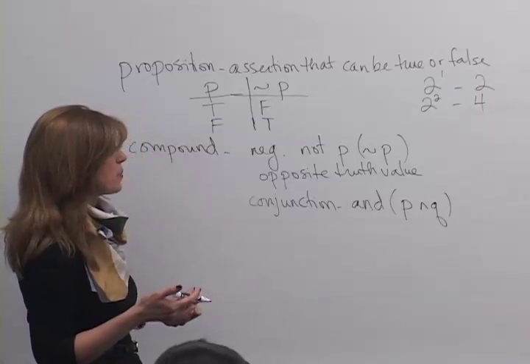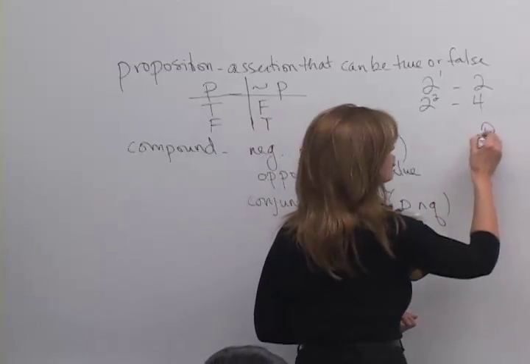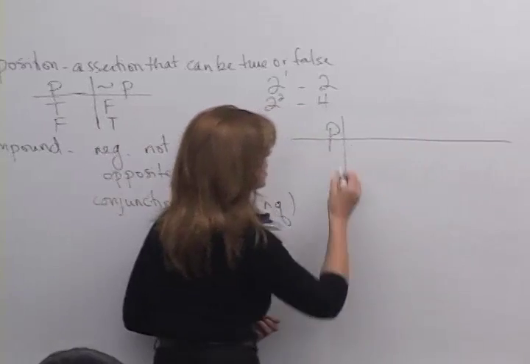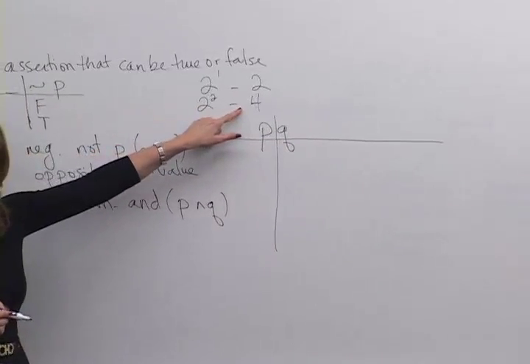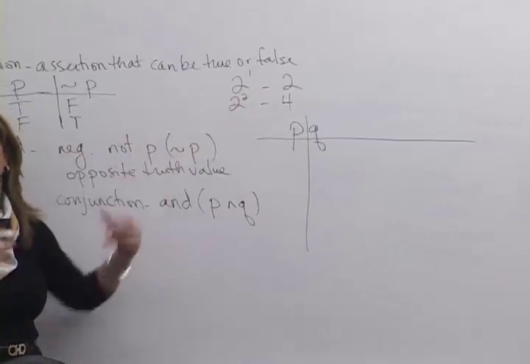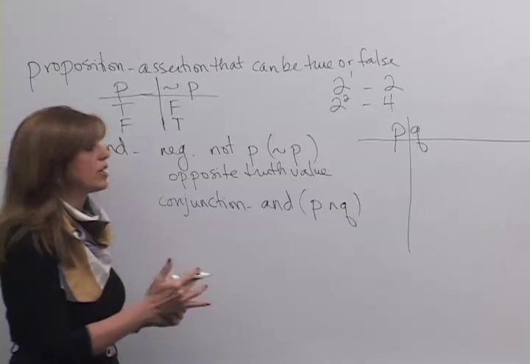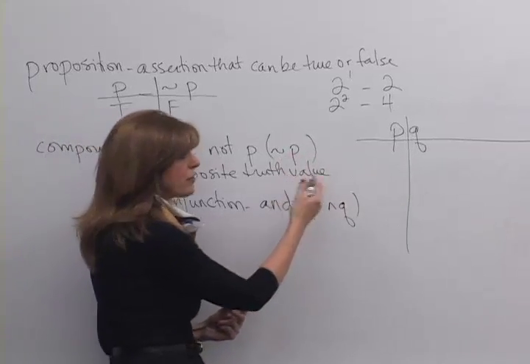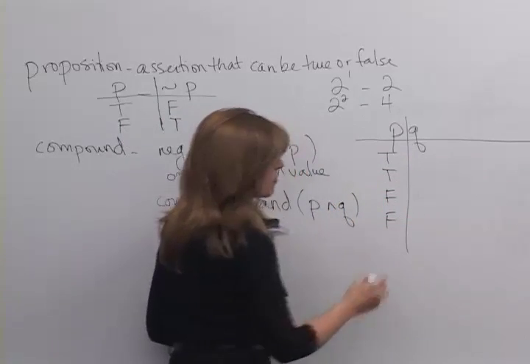So if you want to express a conjunction P and Q, you're going to have two variables. You're going to have P and you're going to have Q. And like I said, there's going to be 4 different combinations that you can have of these two variables. The way that you start out a truth table, on the far left, you're going to put 2 truths and 2 falses.